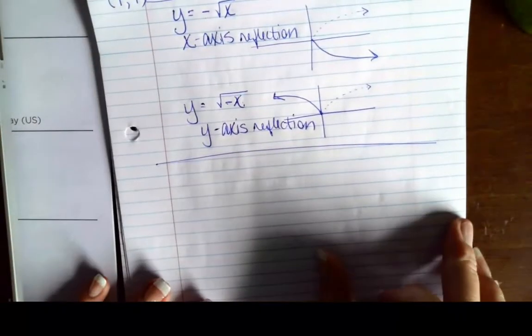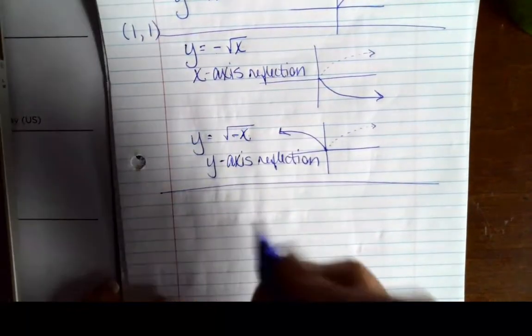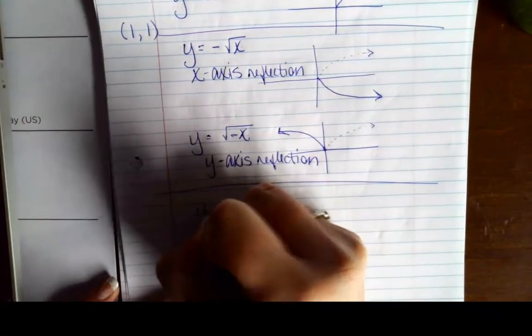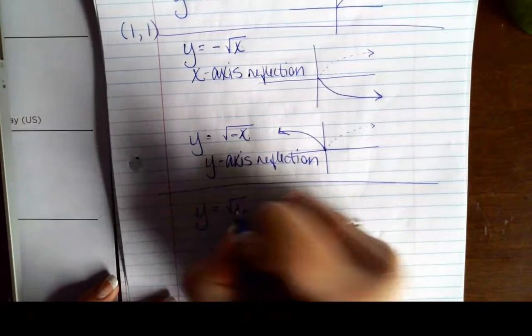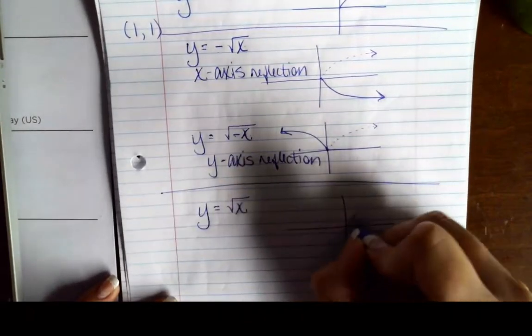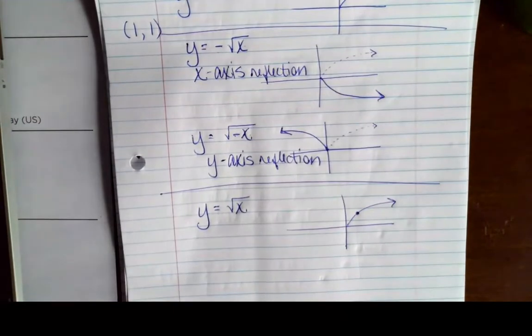So if I have a vertical stretch or compress, this is where the point (1, 1) is going to come into play. If I want to stretch it, then I'm going to have a coefficient. So I'm going to use my square root of x again. There's my square root of x, and it travels through (1, 1). Well, if I want to stretch it, that means I want to make it taller and skinnier.